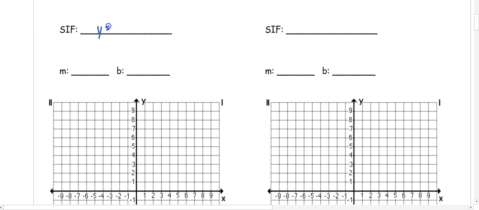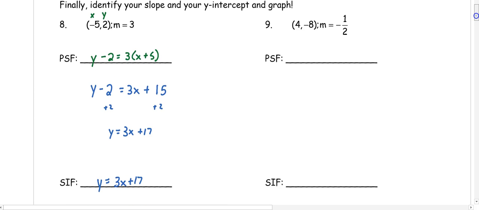In this case, our slope-intercept form was 3x plus 17. Our slope, remember, is always the number in front of the x, and our y-intercept is (0, 17). The problem with this is that our y-intercept is too large, so we're going to go back up to the original point and use that to make a graph of our line.